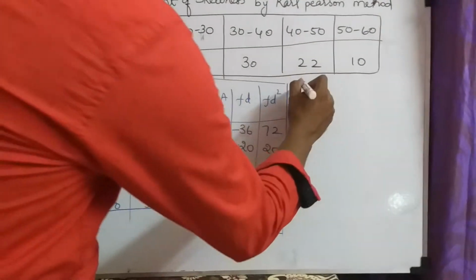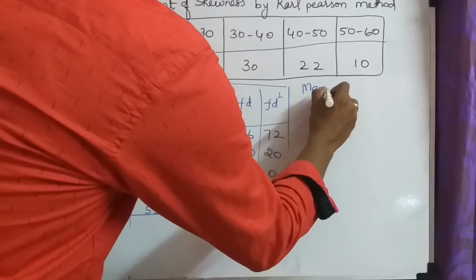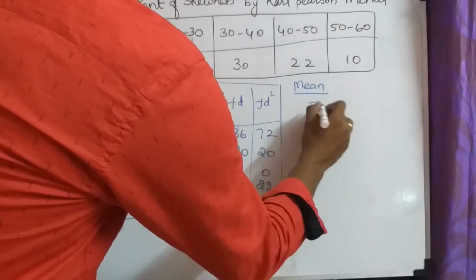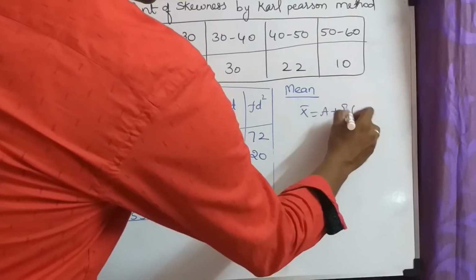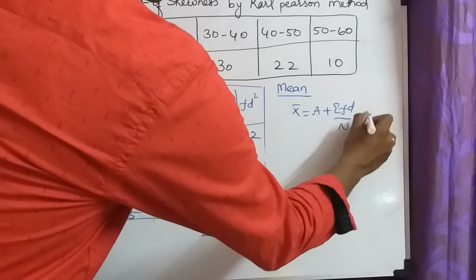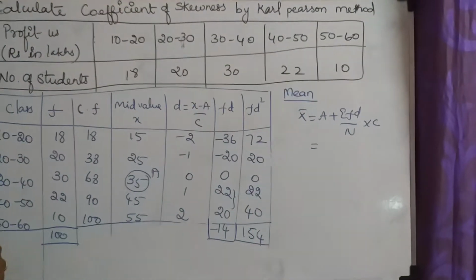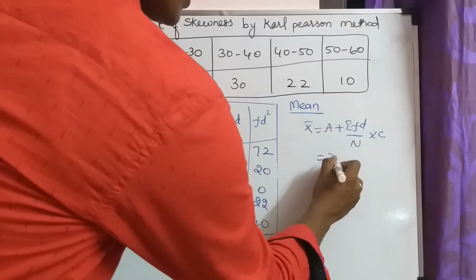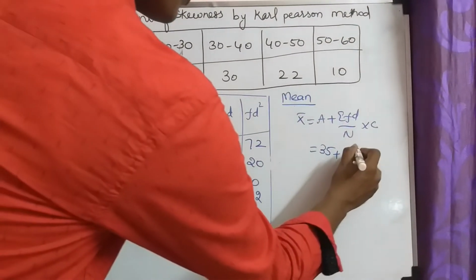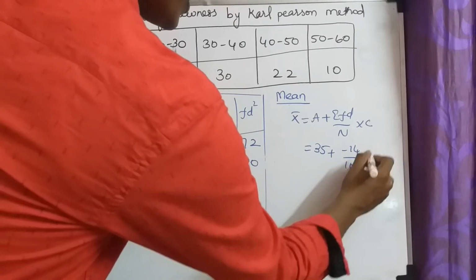Now find the mean. To calculate the mean, x bar equals a plus summation fd by n, into c. This is the formula for a continuous interval. The a value is 35, summation fd is minus 14, n is 100, and c is 10.